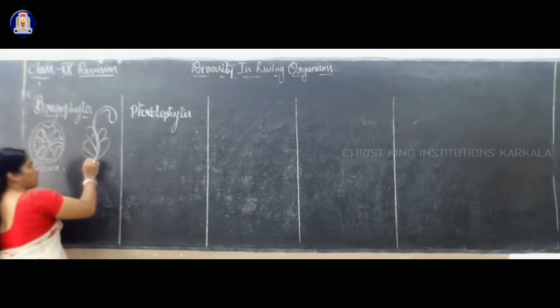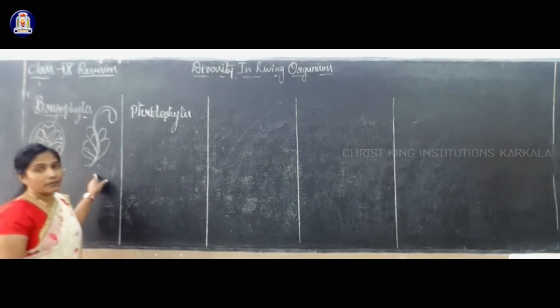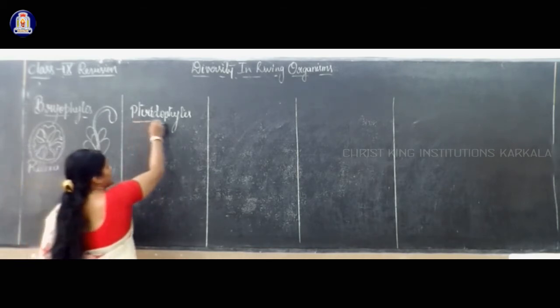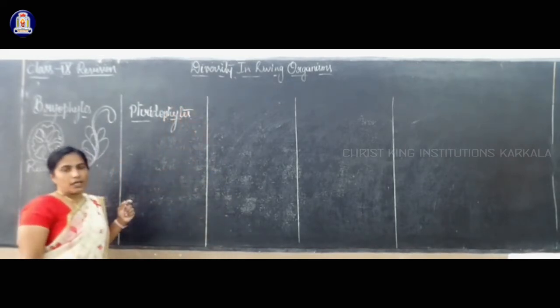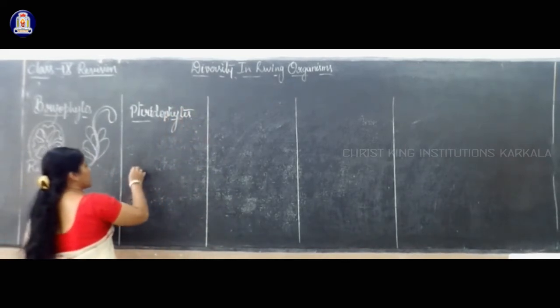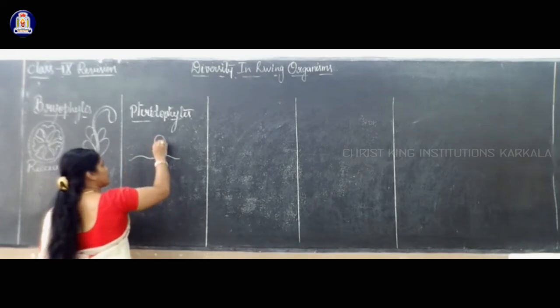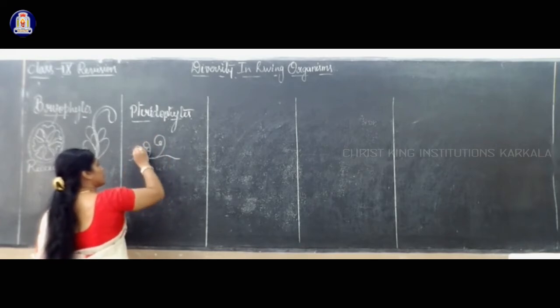So this is just a draft diagram to understand the bryophytes. Next one is pteridophytes. Pteridophytes are upright plants. For example, these are called the fern plants.